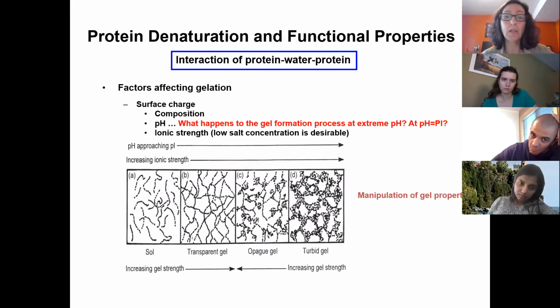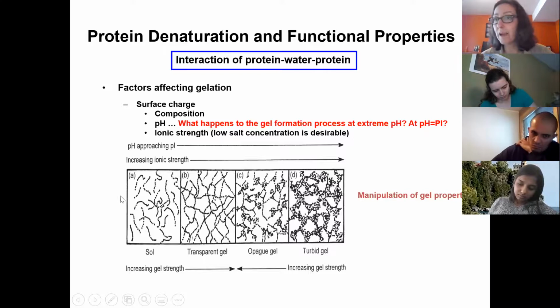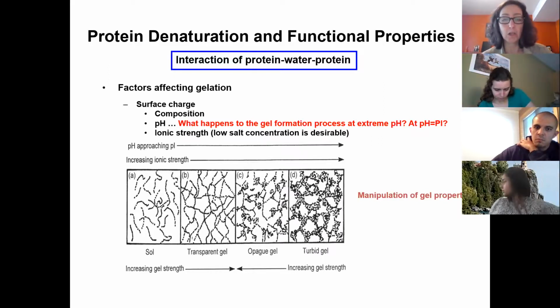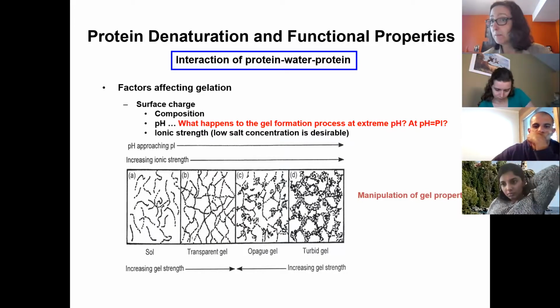In terms of pH, at extreme pH, you have really high net charge. So you form a solution, and no matter how you heat it, the proteins are not going to interact with each other because of same charges, a lot of repulsion. So you want the pH not to be very acidic or very basic.